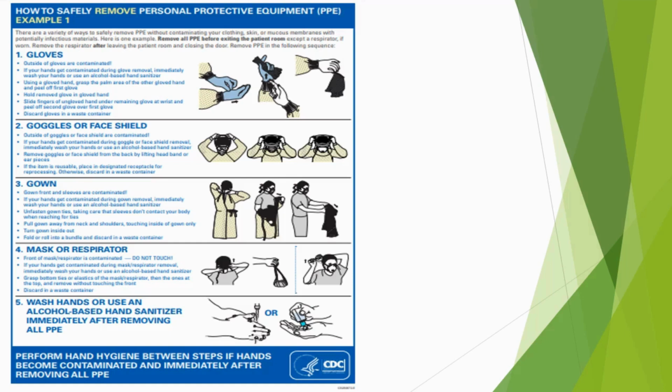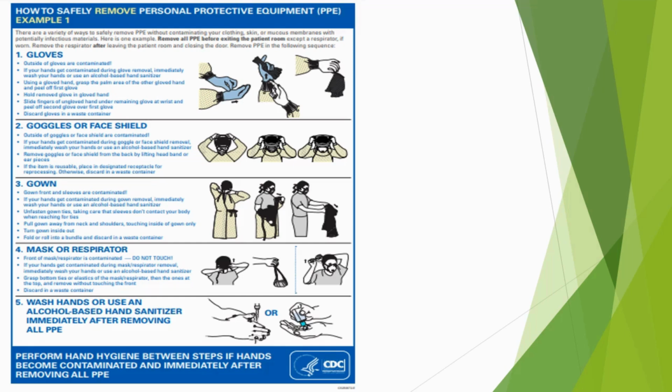Using a gloved hand, grasp the palm area of the other gloved hand and peel off the first glove. Hold the removed glove in the gloved hand. Use the fingers of the ungloved hand under the remaining glove at the wrist and peel off the second glove over the first one. Discard the gloves in the waste container.